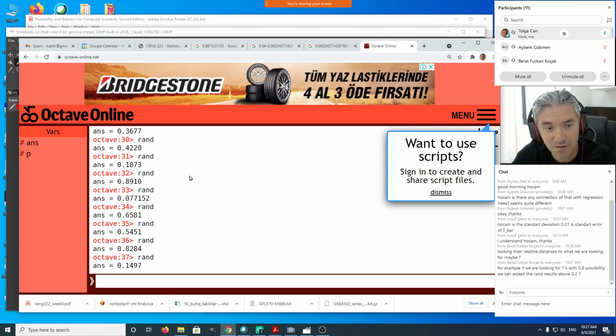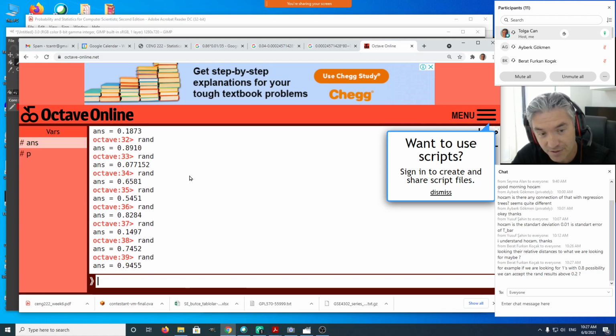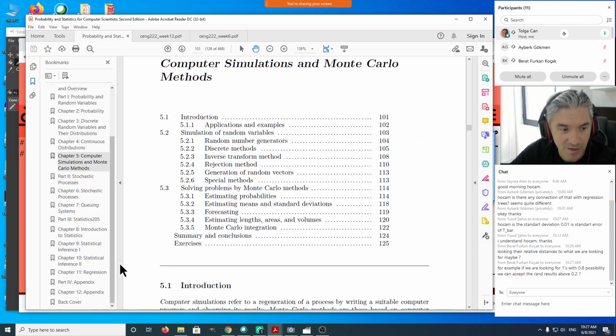But you can also do what the book does: instead of subtracting 0.8 from 1, we can directly use that 0.8 in our decision. When I generate a random number, if it's less than 0.8, I generate a Bernoulli variable 1.